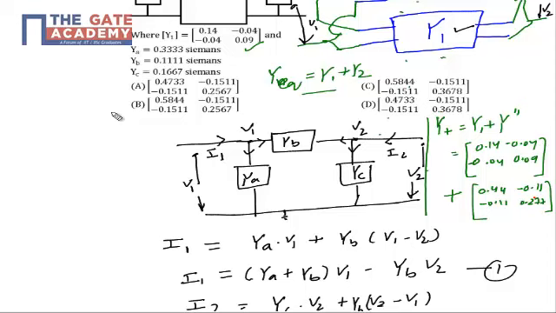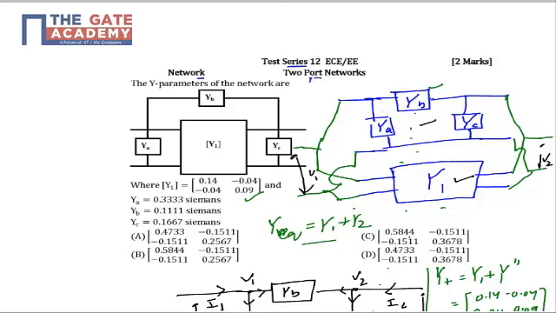Then your equivalent Y parameters will be the sum of these two, which is 0.58, minus 0.15, minus 0.15, and 0.36. So here your correct option is option C. Thank you.